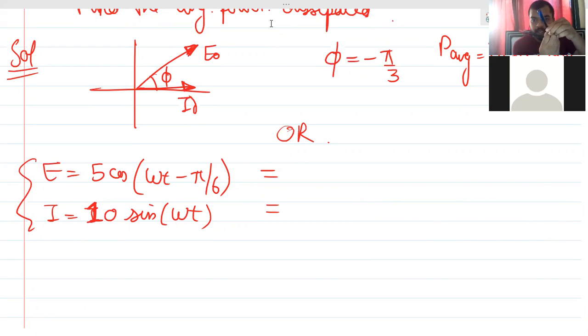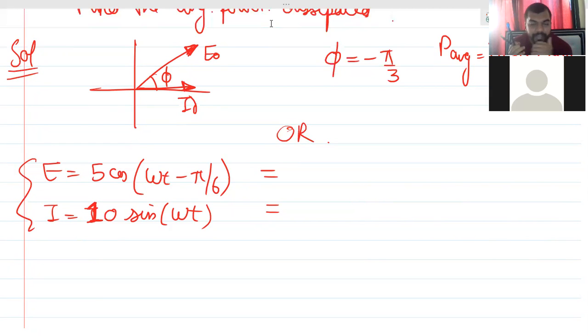Suppose this is E naught, I naught. The phase difference between them is how much? Pi, right? But we are always aware of having E naught in which format? We either know cos omega t, we either know sin omega t.